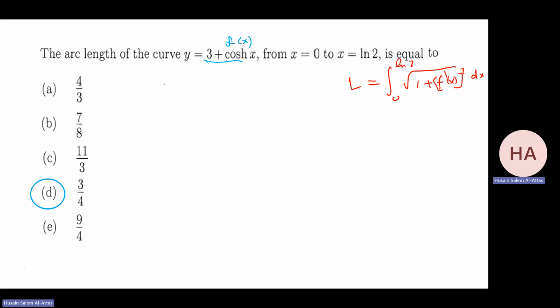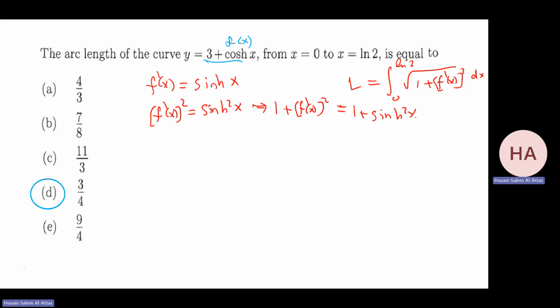So it will be y prime or f prime of x. It will be sine hyperbolic x. Okay. What will be f prime of x squared? That will be sine hyperbolic squared x. That is 1 plus f prime of x squared. That is 1 plus sine hyperbolic squared x.